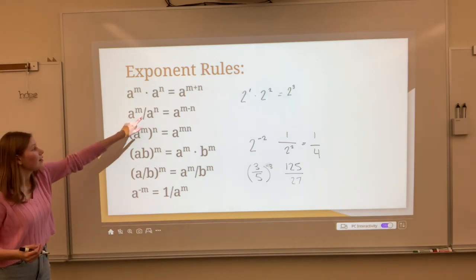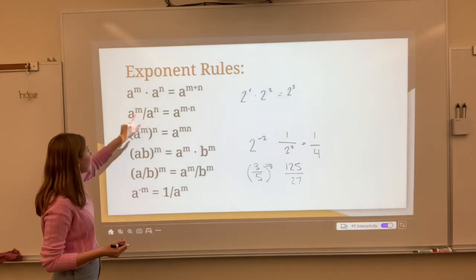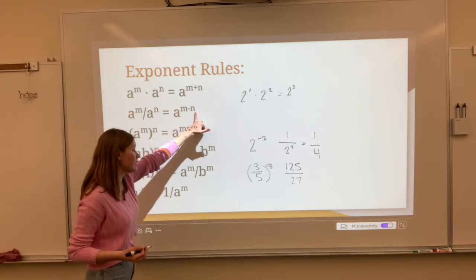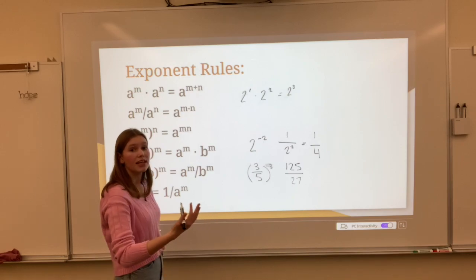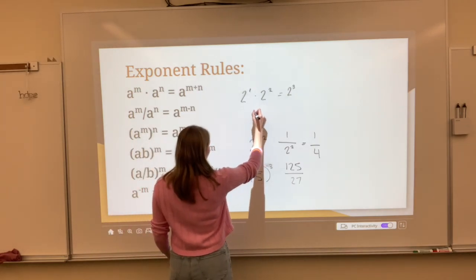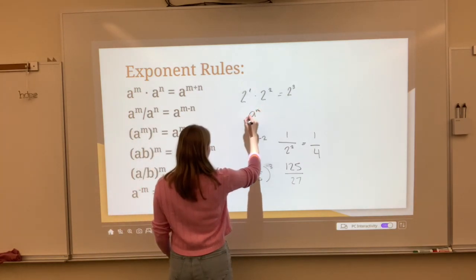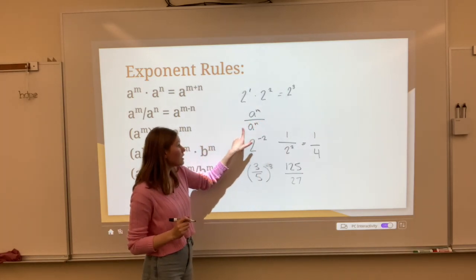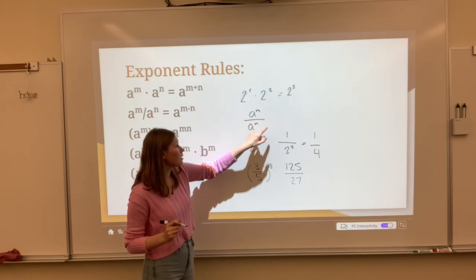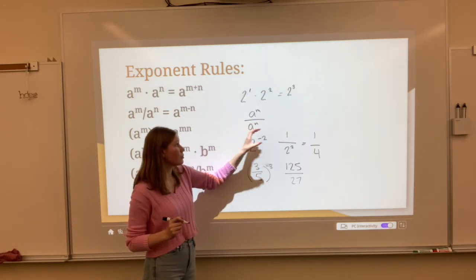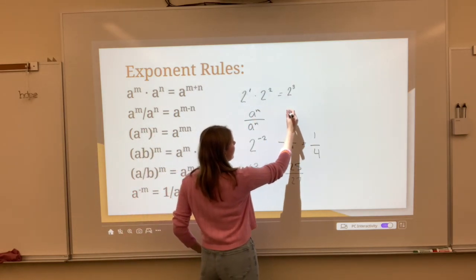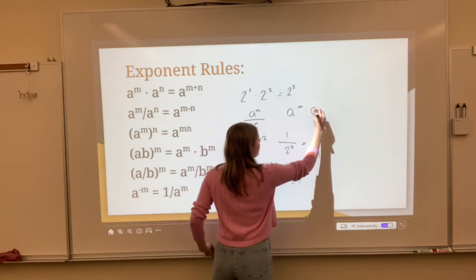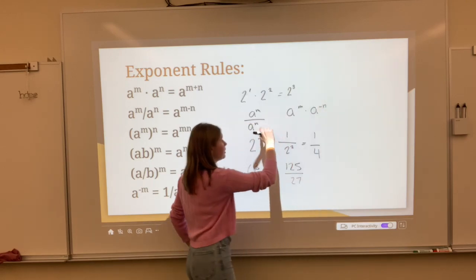And let's revisit this idea up here. A to the m divided by a to the n is equal to a to the m minus n. Well, if you think about it, you have a to the m over a to the n. If you rewrote this as having a 1 on the bottom, so if you bring the a to the n term to the top, that's the same as writing a to the m times a to the negative n, because you just flipped it.